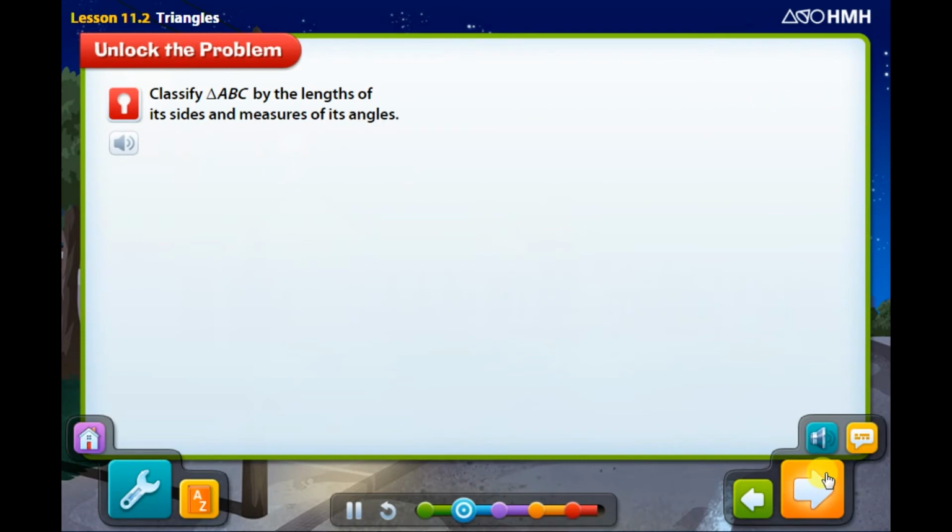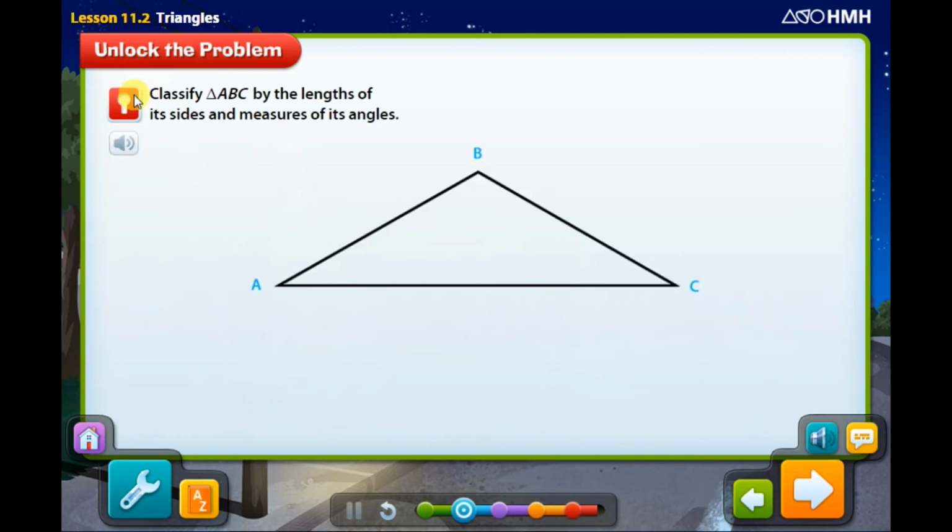Let's classify a triangle by the lengths of its sides and measures of its angles. Classify triangle ABC by the lengths of its sides and measures of its angles. Let's unlock the problem. You can begin by measuring the length of each side of the triangle.